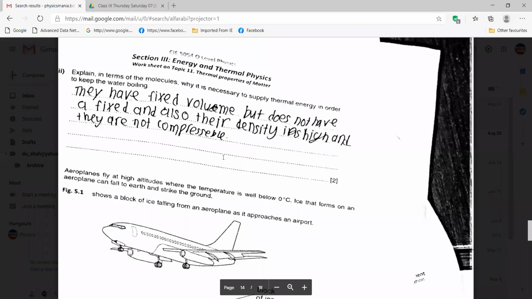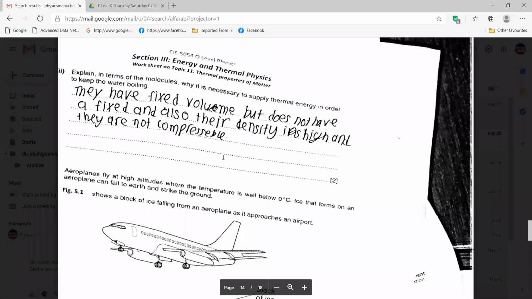So we got this idea before. Look, for this one, we said you one idea before. You should write that idea. Can you remember what we said? Why we need thermal energy to keep the water boiling: to break the bonding, right?